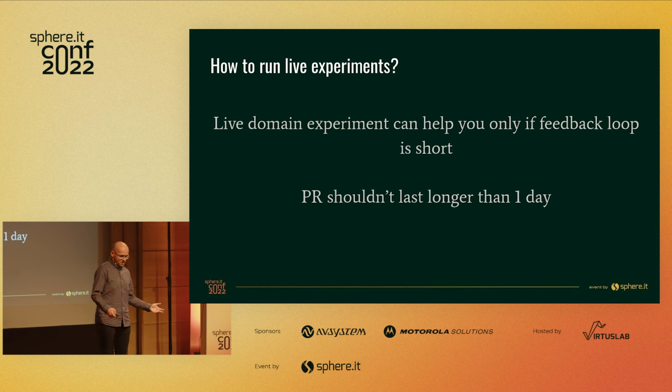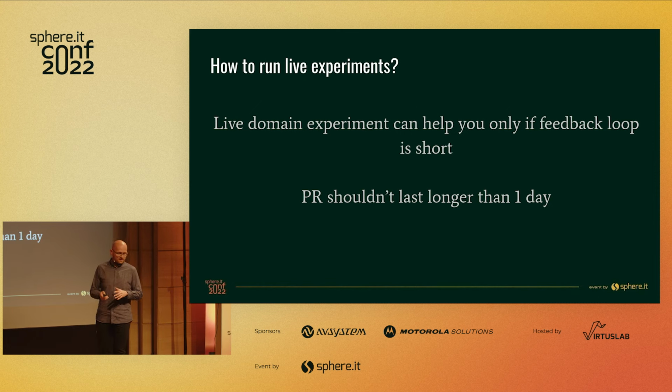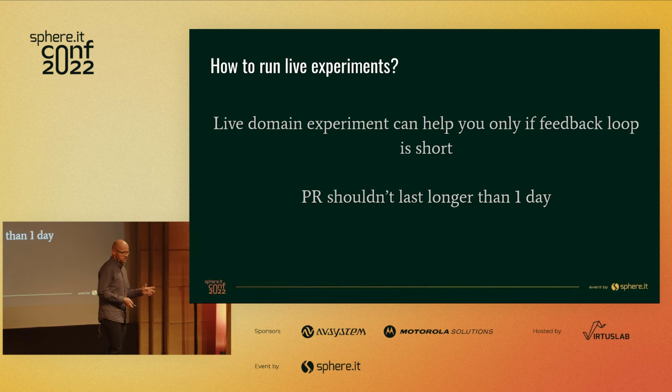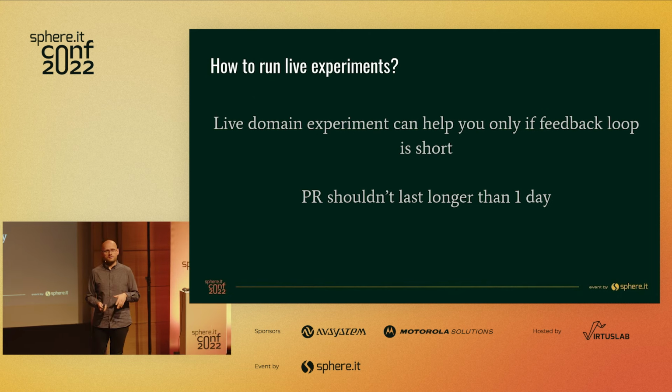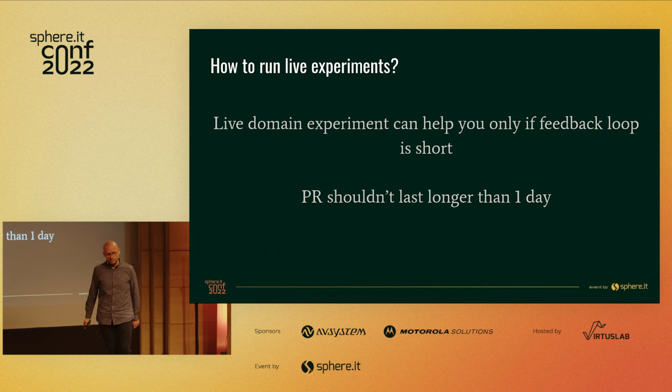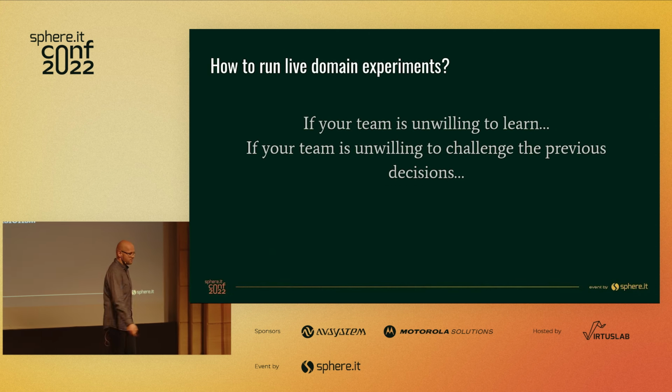OK, so the thing about live domain experiments is that they can be valuable only if they are not lasting long enough. So at most, pull requests should last no longer than 1 day. If you're using pull requests, the review time window should be no longer than 1 day. OK.